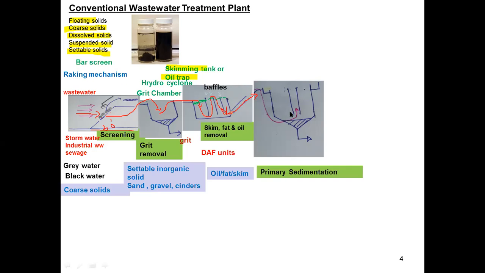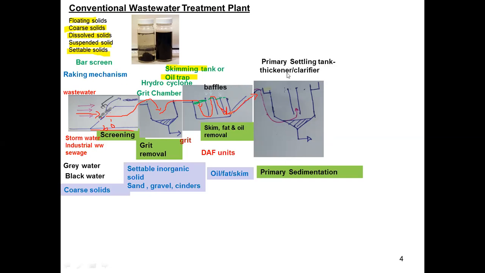There may be some suspended solids. When we use a sedimentation tank, we can settle those colloidal or suspended solids at the bottom of the vessel. Then we can take sludge out from the bottom of the vessel, and we can take the clarified water from the top of the vessel.